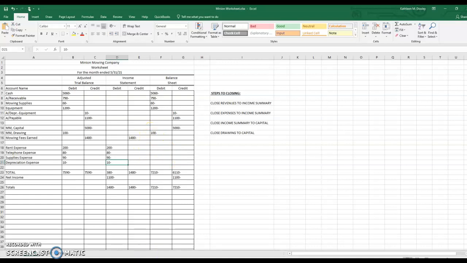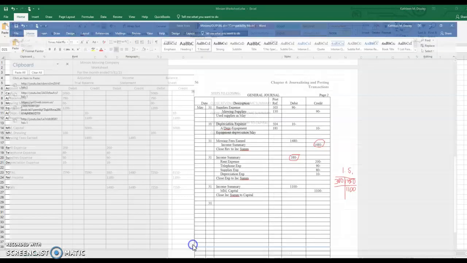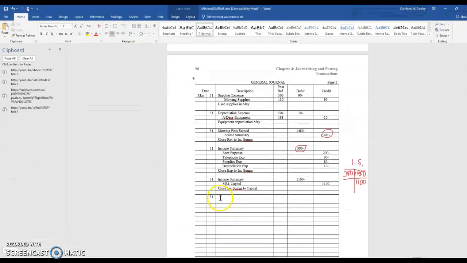Okay, so we're going to go to our journal, and we know that we have to credit drawing. So you can go down to this next row if you want. We're going to credit drawing 100. Now what are we going to debit?